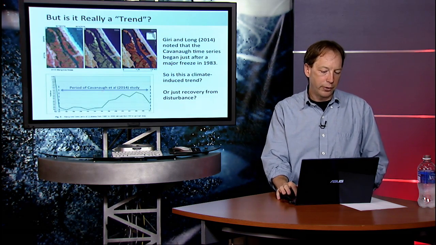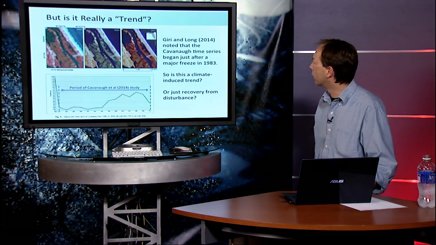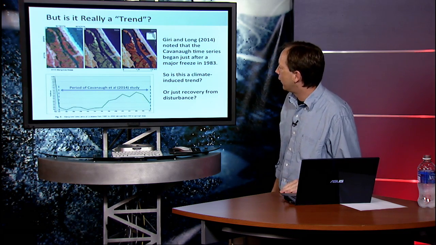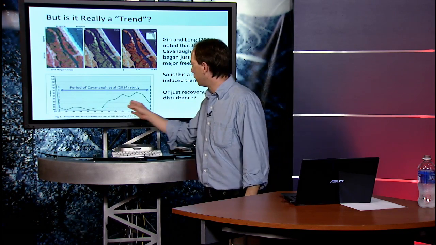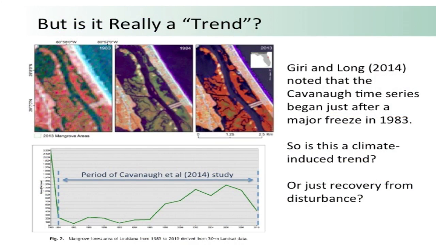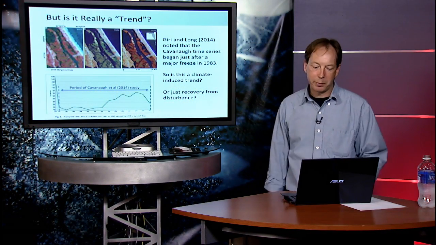Now it's also an interesting study because it's kind of controversial. Geary and Long published a response to that paper and noted that Kavanaugh's study basically ran from 1984 to 2011, and that they just missed, by 1 year, a major freeze event on the East Coast, which knocked back the mangrove area and density in this area that they're studying. And so it brings up an interesting question.